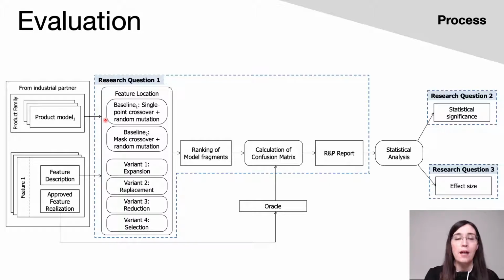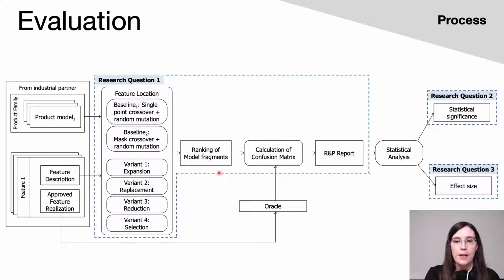Baseline 1 is the evolutionary algorithm that uses the most popular choice of genetic operation of the search-based model-driven engineering community. Baseline 2 is similar, but it replaces the single point crossover operation with a randomly generated mask. And here we have the 4 variants that we are going to evaluate.